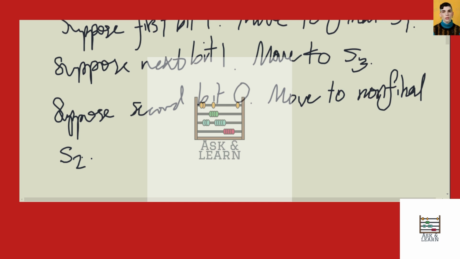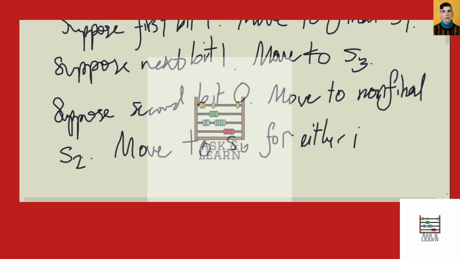And of course, once we're at S2, it doesn't matter what bit we have next, whether it's a 0 or a 1, the resulting string should be accepted. So we'll move to S0 for either input after this.